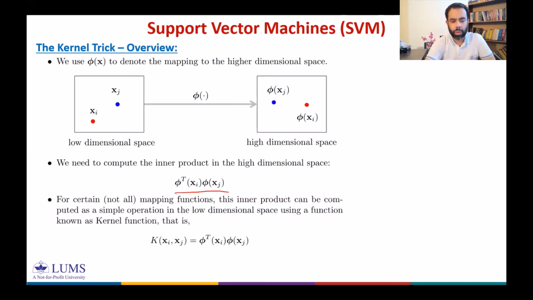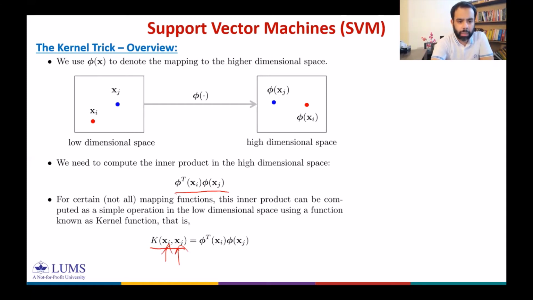For certain, not all, mapping functions, we can compute this inner product by carrying out some simple algebraic manipulation in the low dimensional space. We carry out this manipulation using a kernel function denoted by this capital K. The kernel has two inputs, xi and xj, which are points in the lower dimensional space.